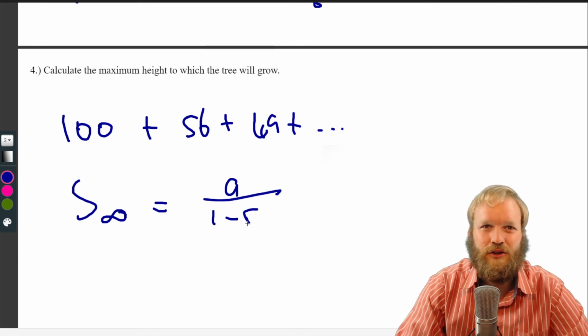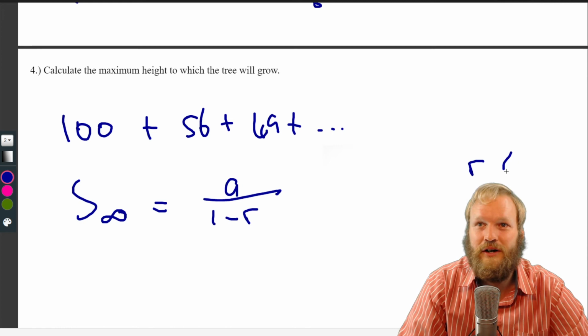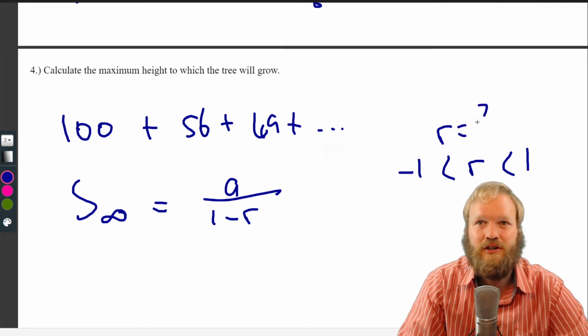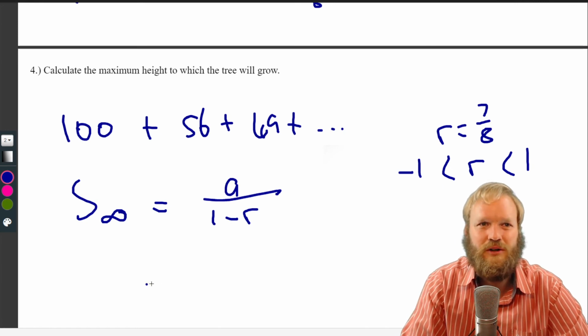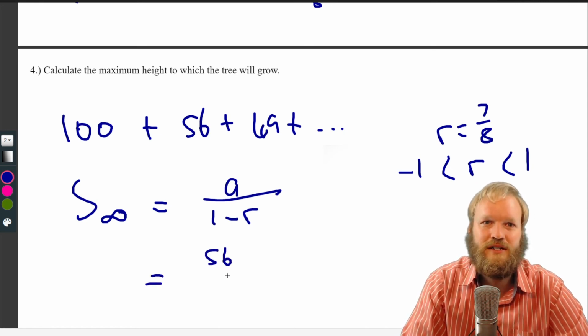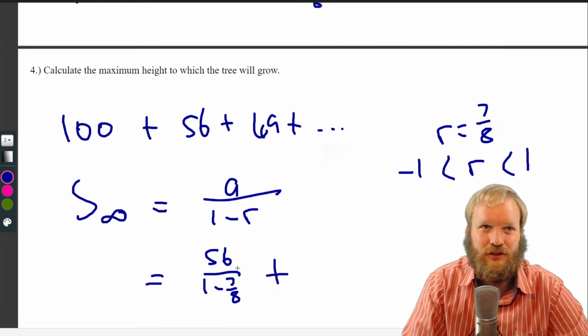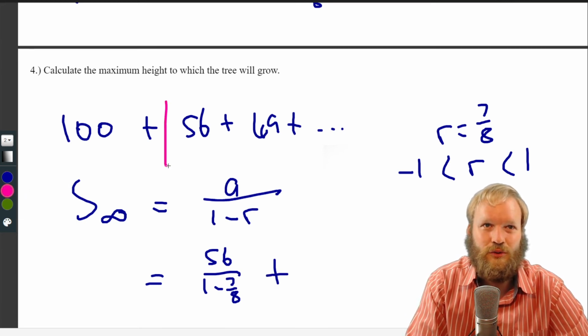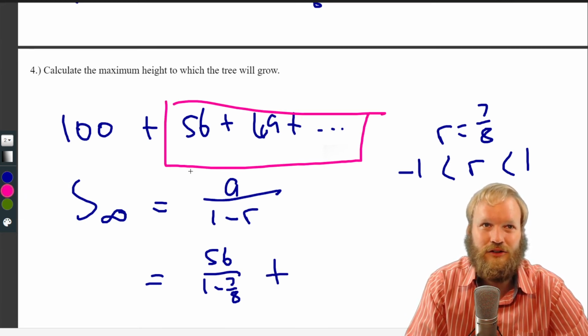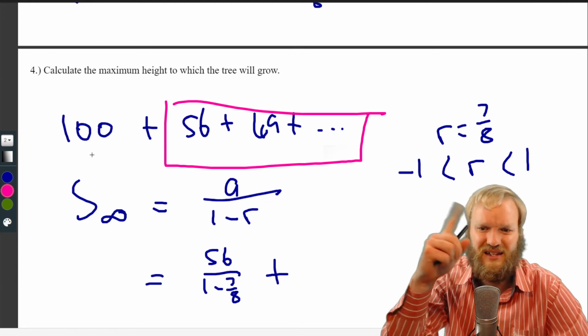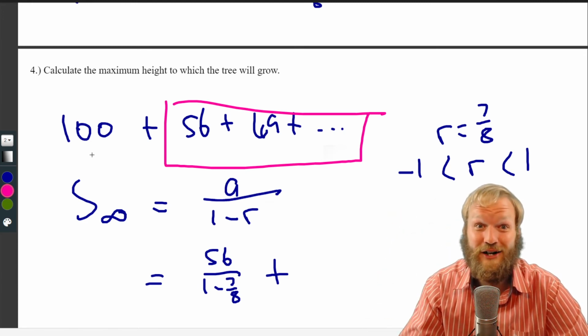Well, we need to know that this only works if the ratio is between minus 1 and 1. Our ratio is 7/8, so we're good to go. Plug in 56 over 1 minus 7/8. What do we still need to add to this so that we get the full height of the tree? 100, yeah.